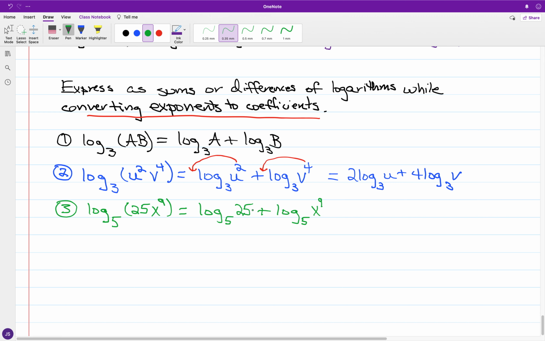Now you don't see an exponent attached to 25, but something to notice, like in the earlier reductions, in the first property of logarithms: 25 is both a multiple and an integer power of 5.